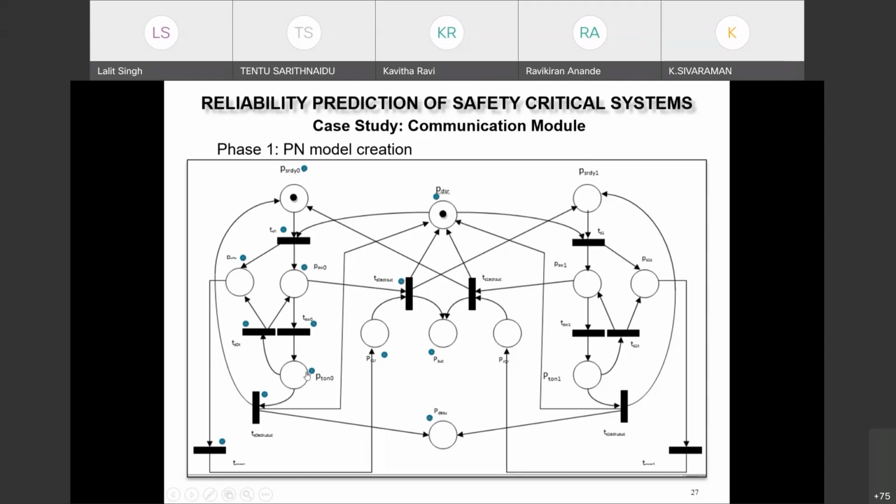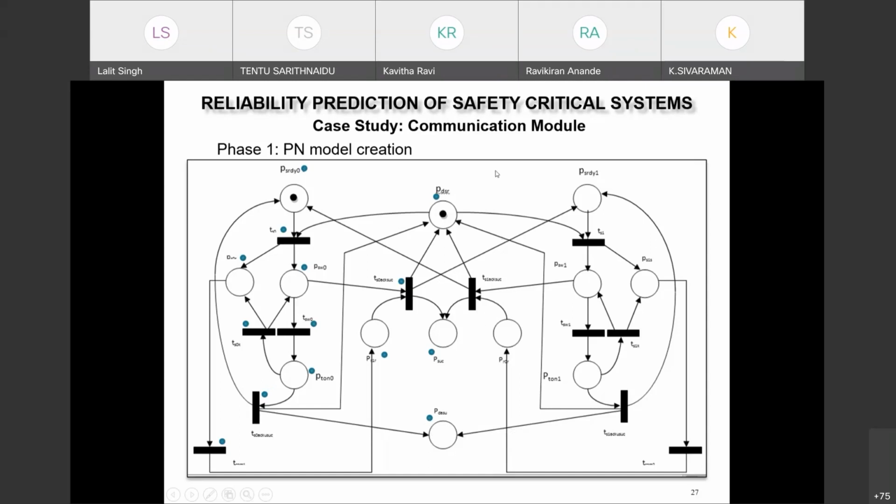Otherwise, if after timeout the packet send is unsuccessful, it will trigger the transition TS0 acknowledgement unsuccessful. And after that, the token will be deposited in PTSAU, which represents a data send unsuccessful.